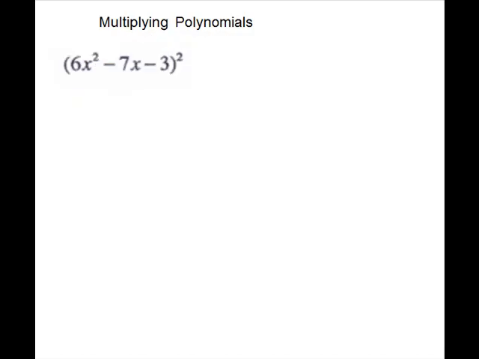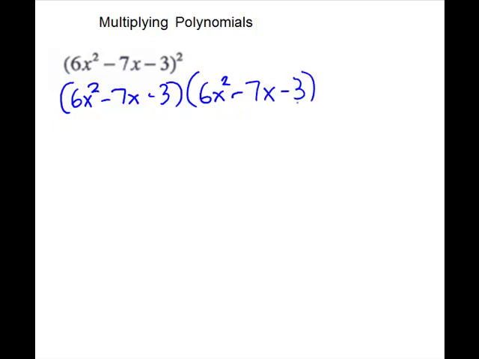Next I have a trinomial squared. So a trinomial times a trinomial. I would first go with that. Make 2 copies. And you have a choice here. You can distribute 3 times, so each of the terms in the first one times each of the terms in the second one.